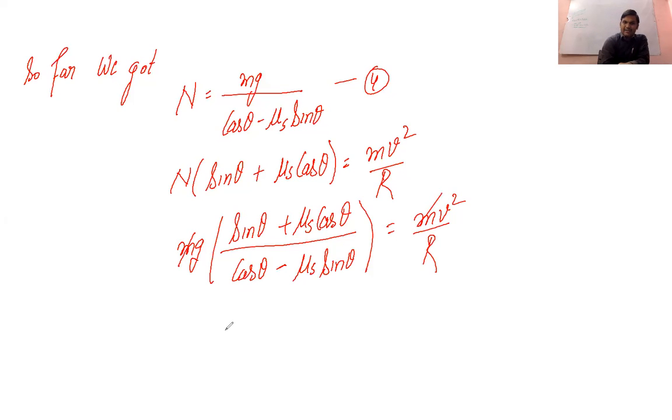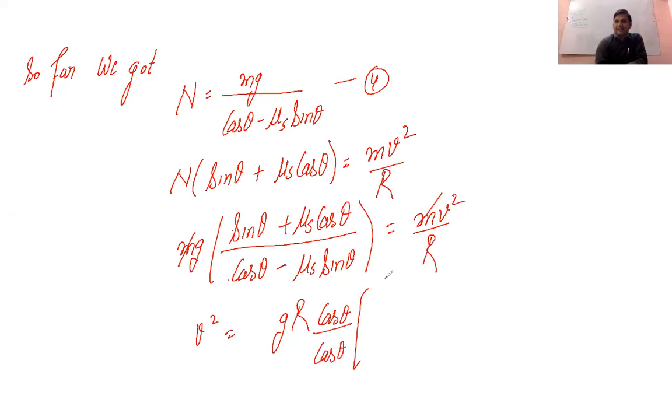And you can write here v square is equal to gr multiplied by this ratio. And one more thing you can do from here: take cos theta common from the numerator and the denominator as well.